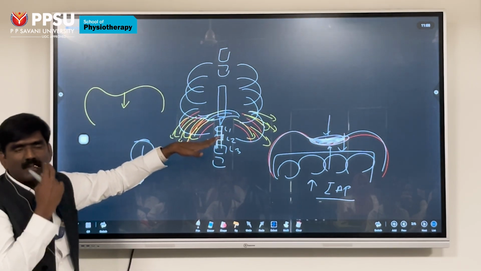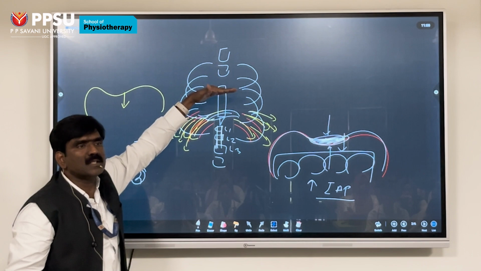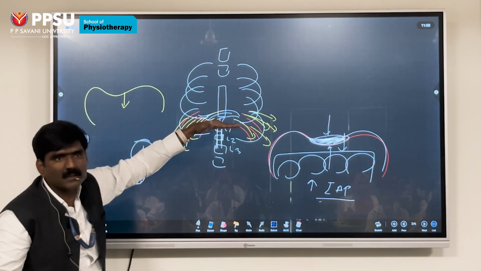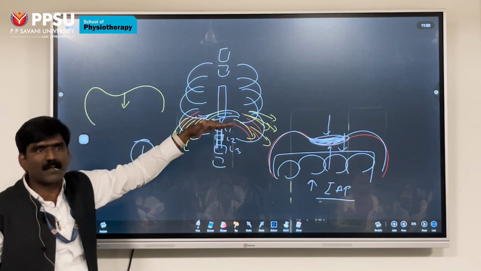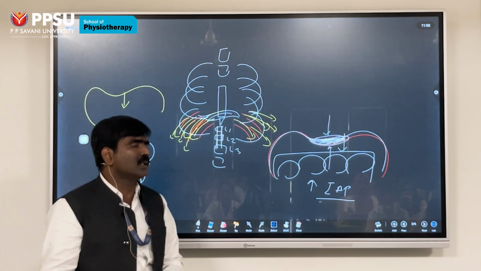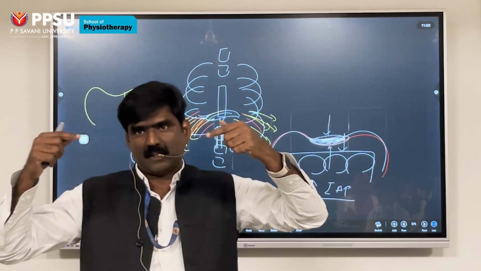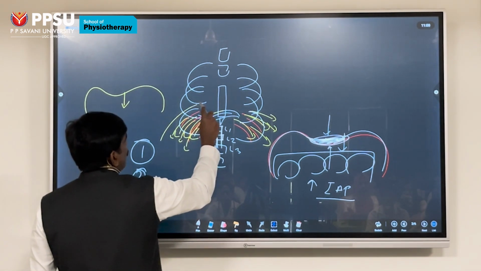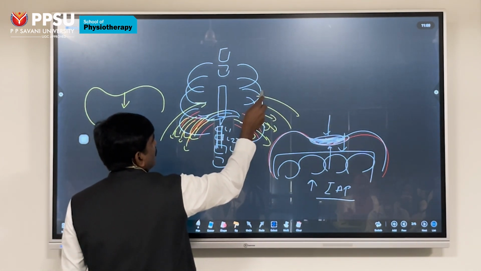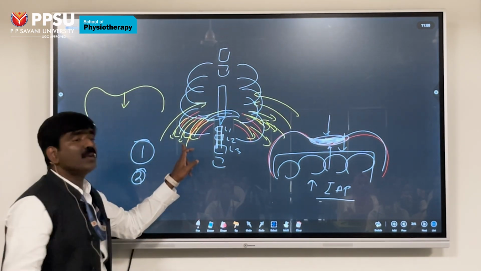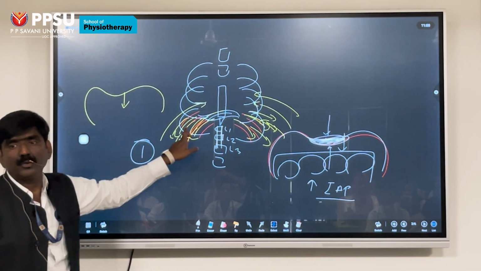After some time, when the central tendon has stopped moving, when the muscle contracts further, what will happen? The muscle contraction will be reversed. That is, the muscle will now contract in the opposite direction, from origin to insertion.